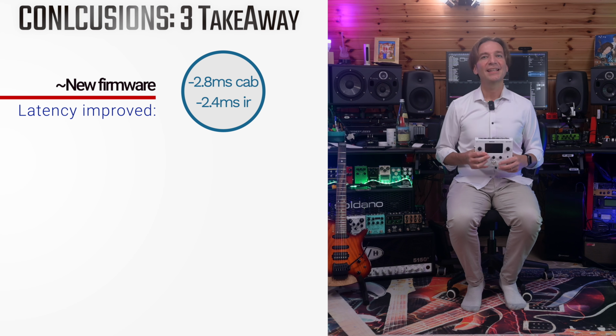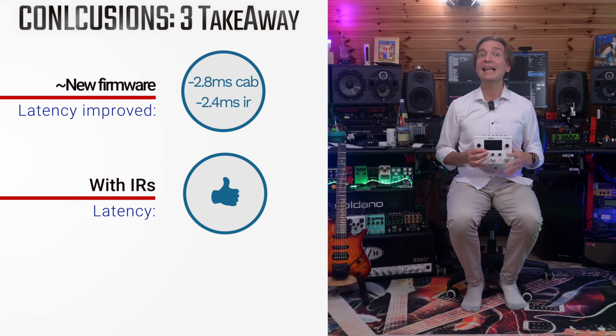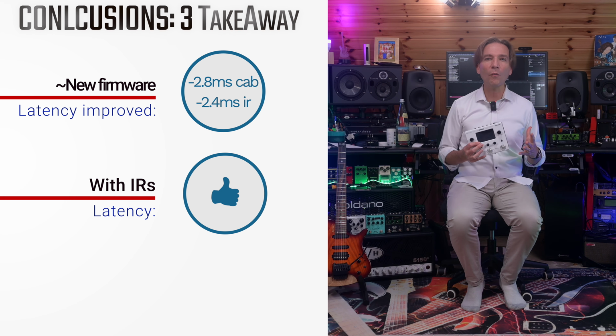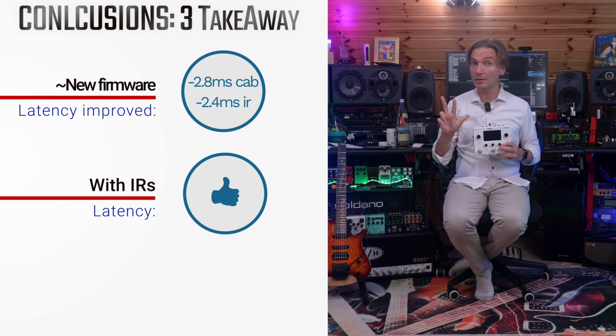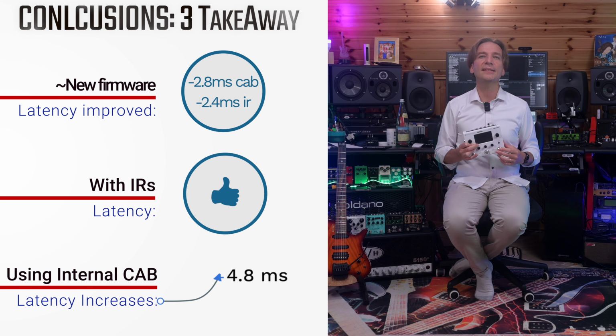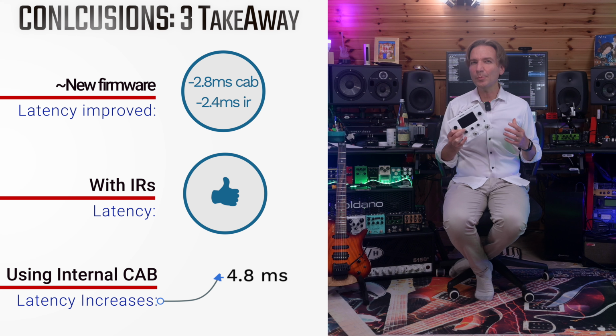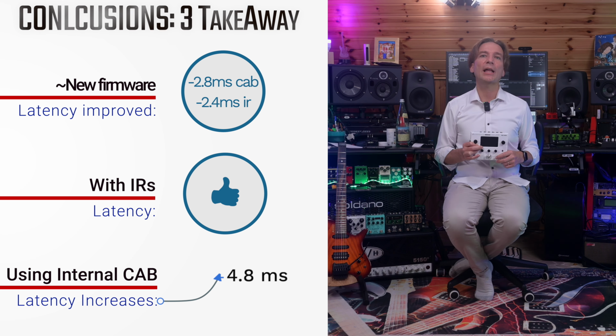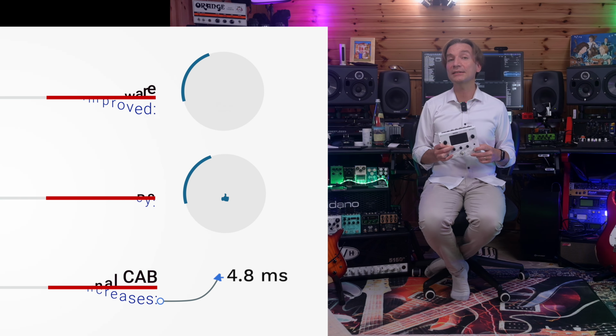So thank you. Second, I would say that with an IR, the Ampero Stomp 2 has now very good latency values. Third, the cab block is still taxing the latency like no other effect block in the chain, but it has been improved with the last firmware upgrade, and maybe the quality of the cab block is really so good that it is taxing a lot the DSP.